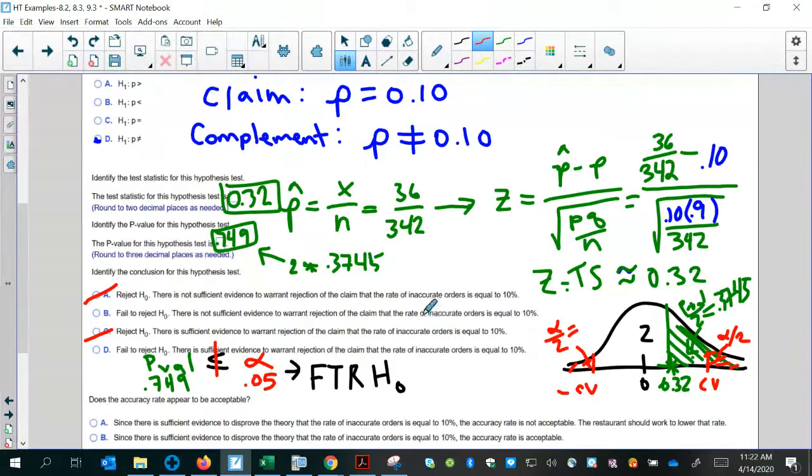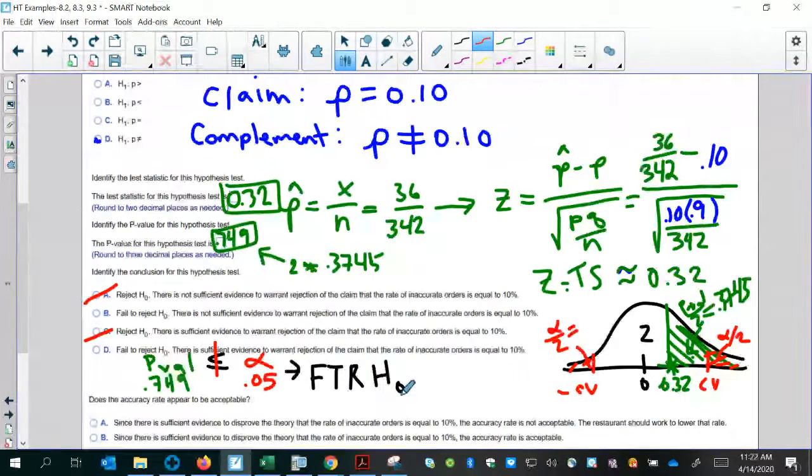So in order to know which one of these is correct, there's a couple of ways of thinking. One of them is to consider whether your claim fell into the null hypothesis, because if it did, then you're actually failing to reject the claim since you failed to reject the null.